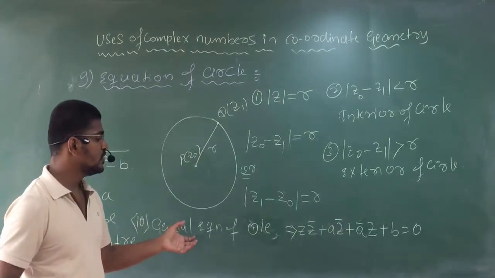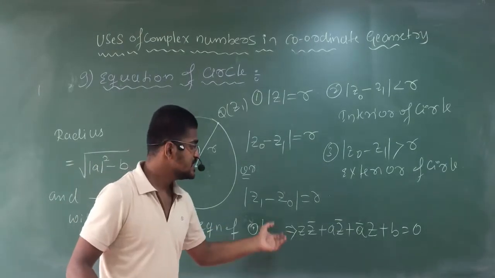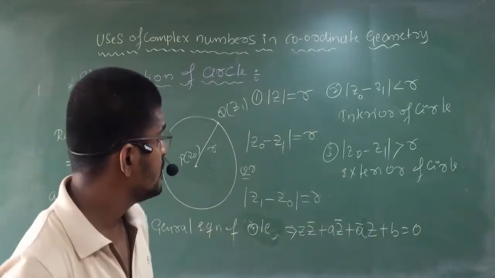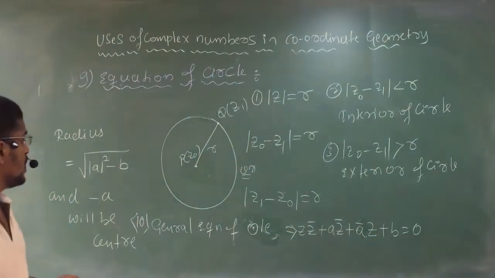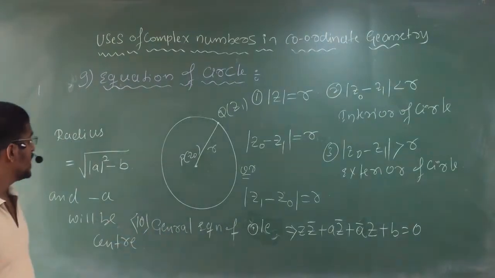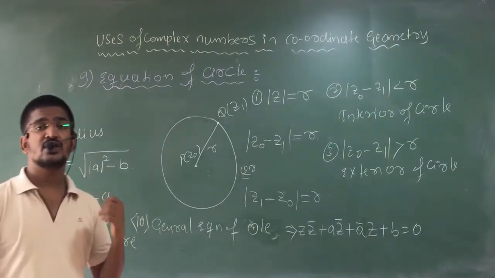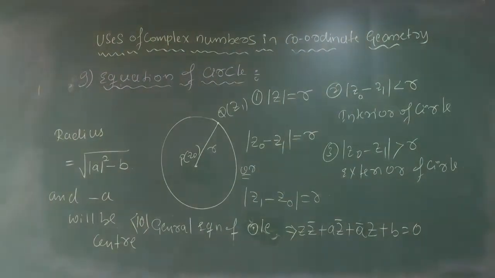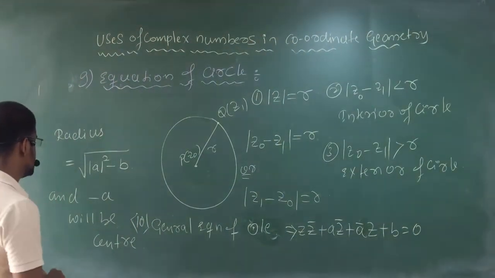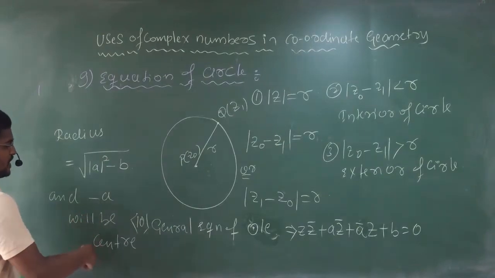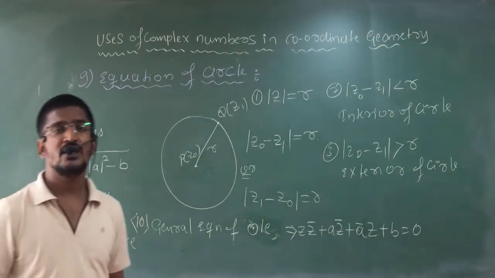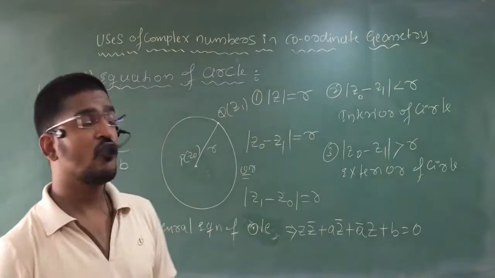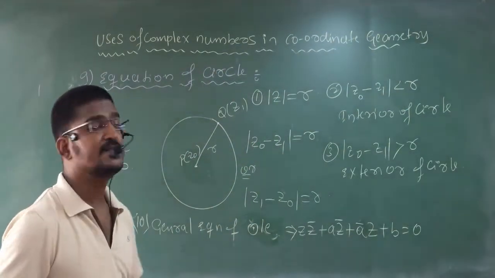The general equation of circle is Z Z bar plus A Z bar plus A bar Z plus B equal to 0. So from this you can write the radius as square root of mod A square minus B, and minus A will be the center.